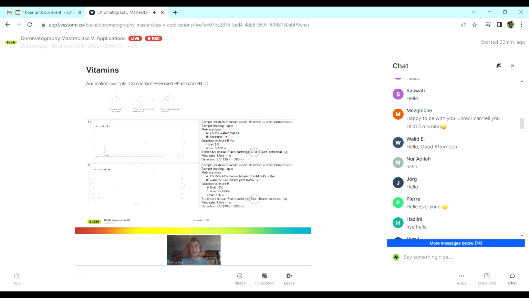And there was no separation, as you can see here. And in the diol, we started with very high acetonitrile concentration and then increased the water concentration. And then you see the 3 compounds get nicely separated by the HILIC. So actually very, very simple.